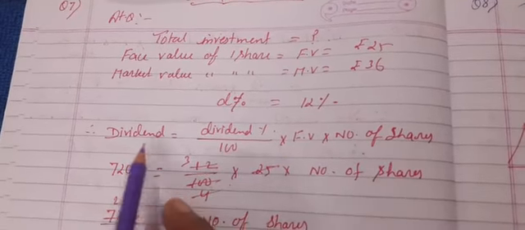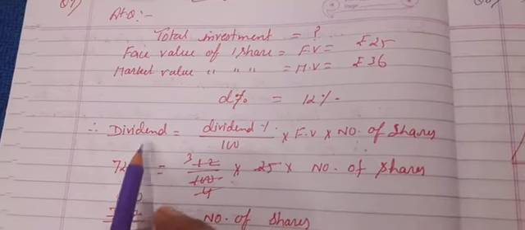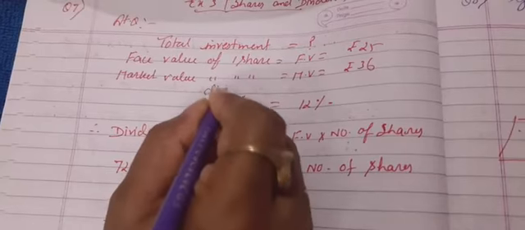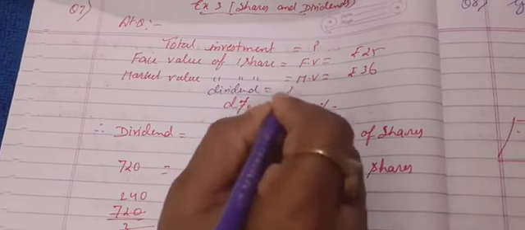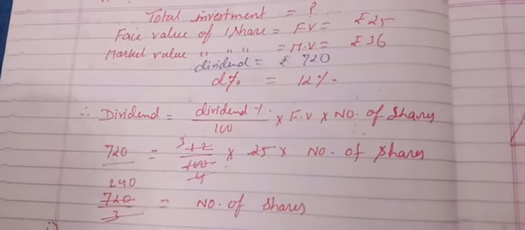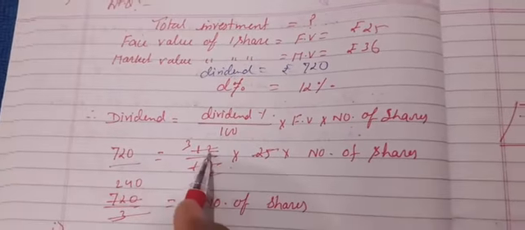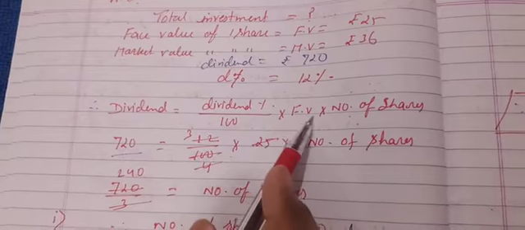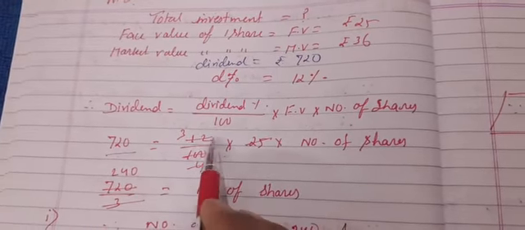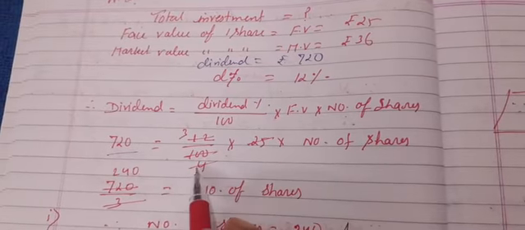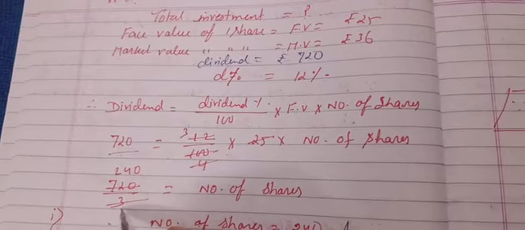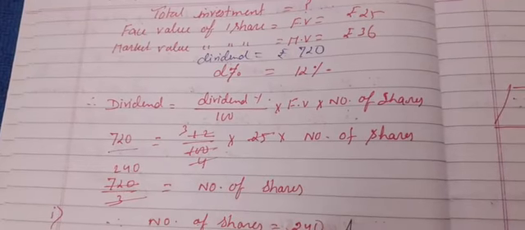So we put the value in place of dividend. We have written 720 because that is given. Then dividend percent was 12%, and here is 100, and in place of face value we use 25, and number of shares. Then 25 4s are 100, 4 3s are 12, then 3 came here, 720 by 3, so it is 240. Number of shares is 240.